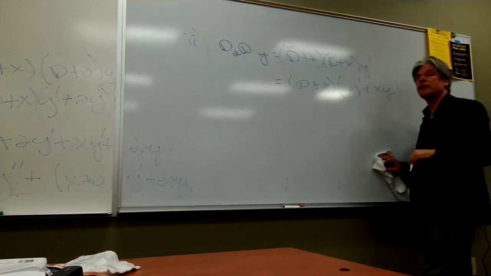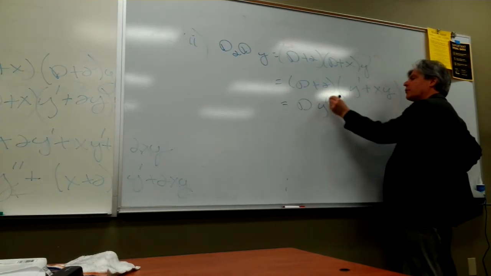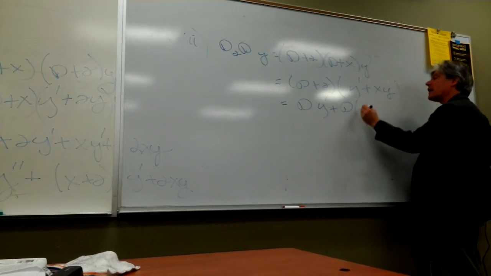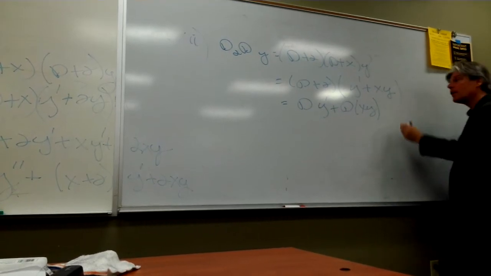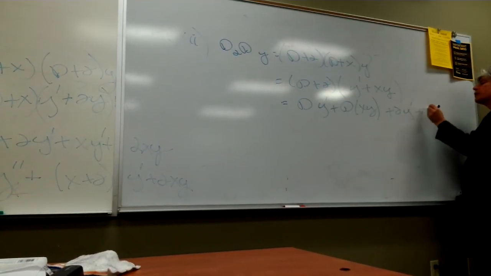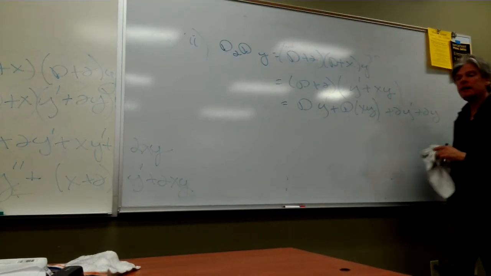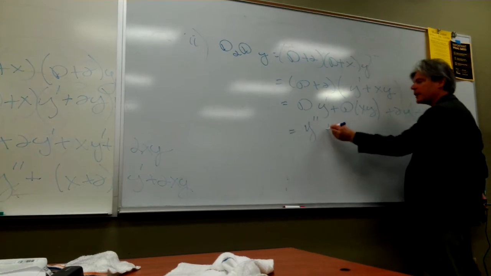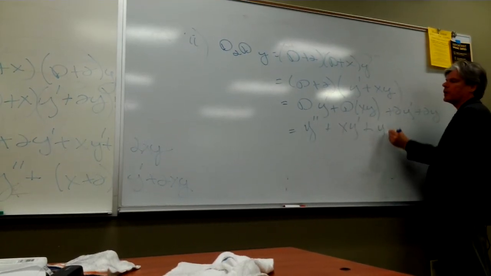But now I've got to slow down. Because now I've got my differential operator D acting on y prime. I'll show more steps this time around. Plus my differential operator acting on x times y. That's going to require the product rule. Plus 2y prime plus 2y. And now diving in, differentiating where appropriate, I think I've got a y double prime plus, is that an xy prime plus y?